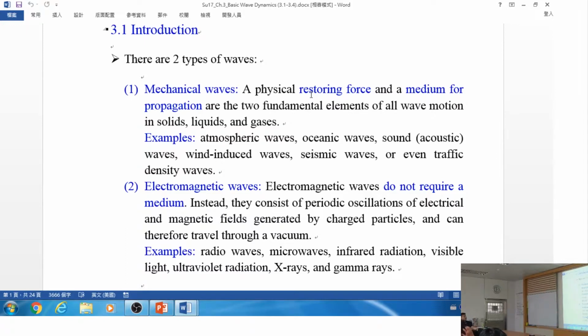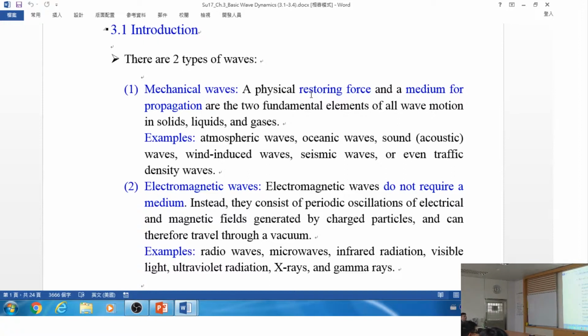We also need a medium to let the wave propagate. In the atmosphere, of course, the atmosphere is the medium. Medium, how do you say in Mandarin? 介质. But electromagnetic waves don't require a medium.